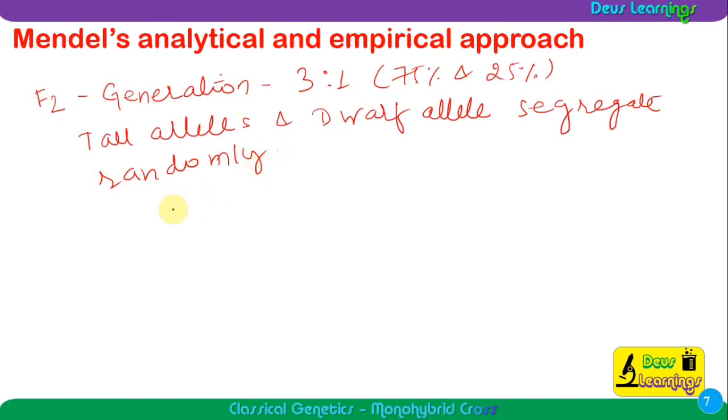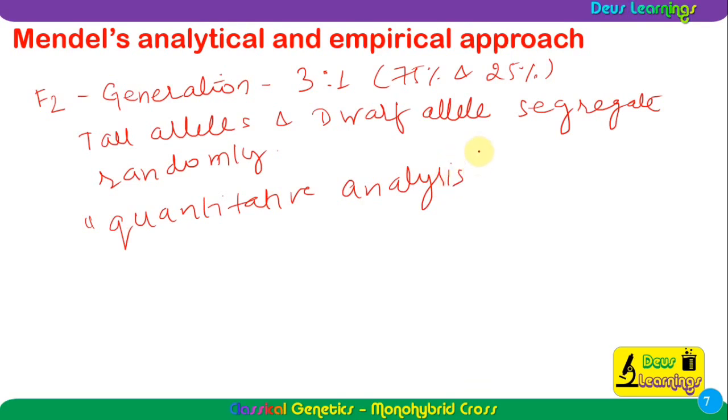So using mathematics, understanding the ratio, Mendel was the first scientist to do quantitative analysis. He quantitatively checked how many of the individuals possess the dominant character and how many possess the recessive character. So he was able to bring out a pattern, right?